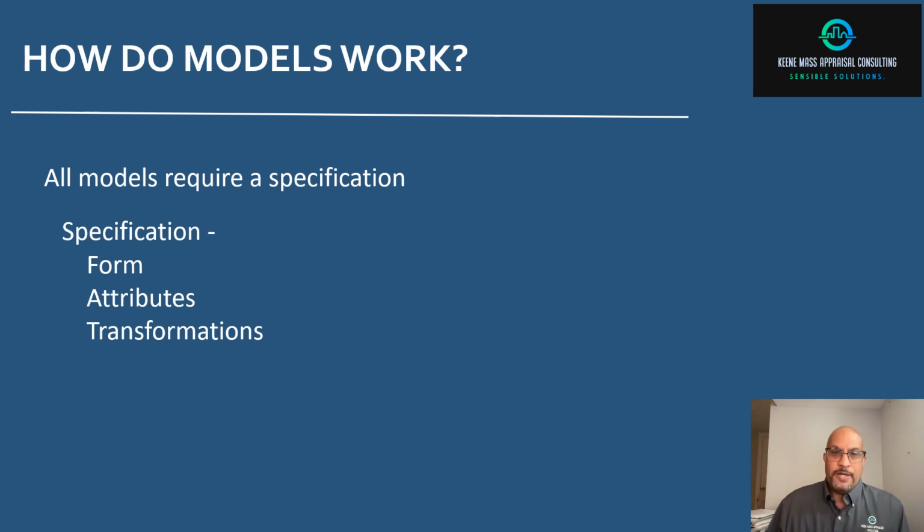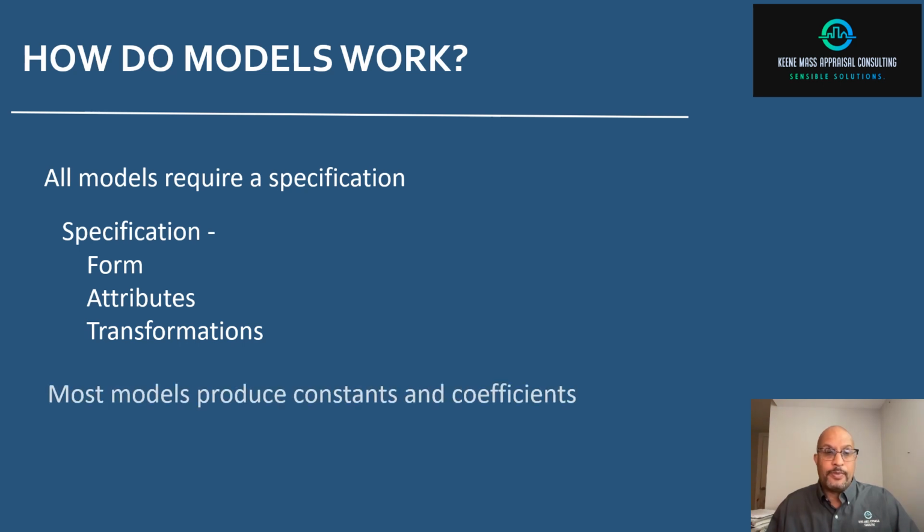All models require a specification, which includes the form of the model. Is it an additive model, multiplicative model, gradient boosting, hybrid model, geographic weighted regression model? It also includes the attributes that are going to be in the model and the ways that the data is transformed from its raw form into something that can be used in the model.